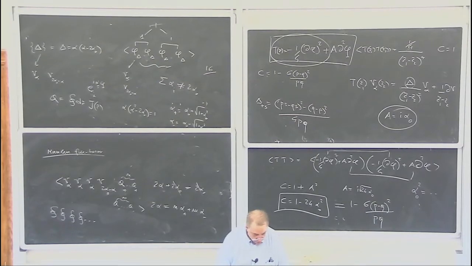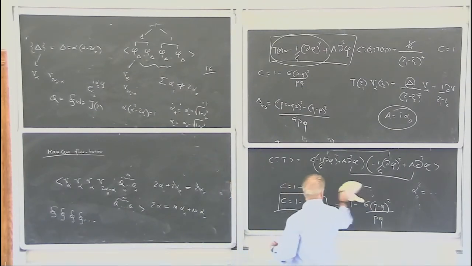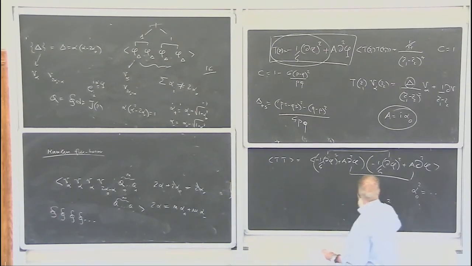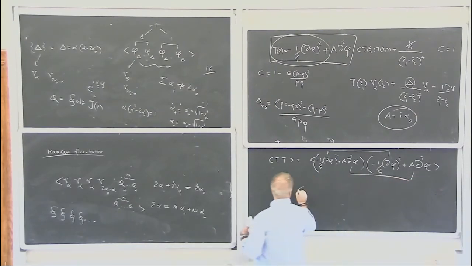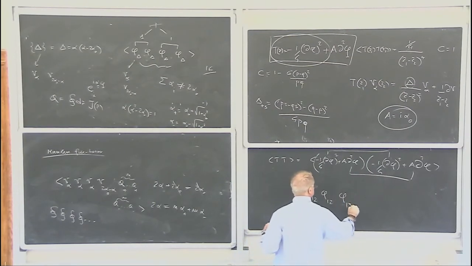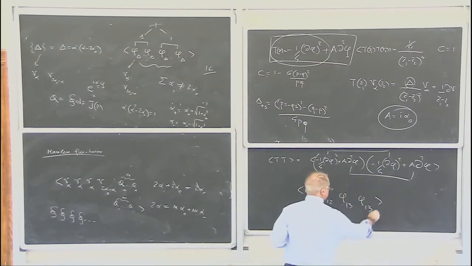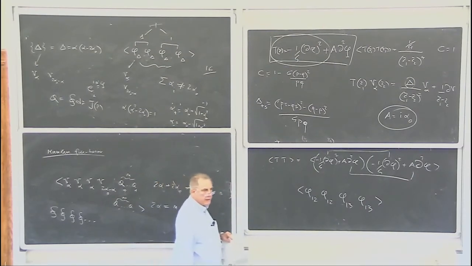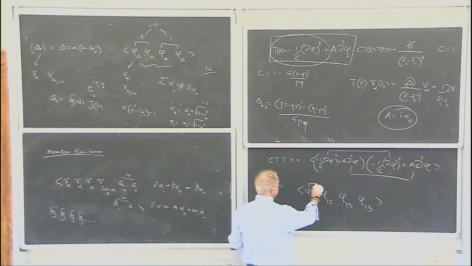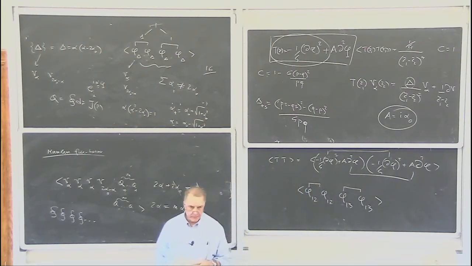So let me give you some example. Imagine you take this correlation function. You see that this correlation function has one channel of identity that I can use to normalize it.